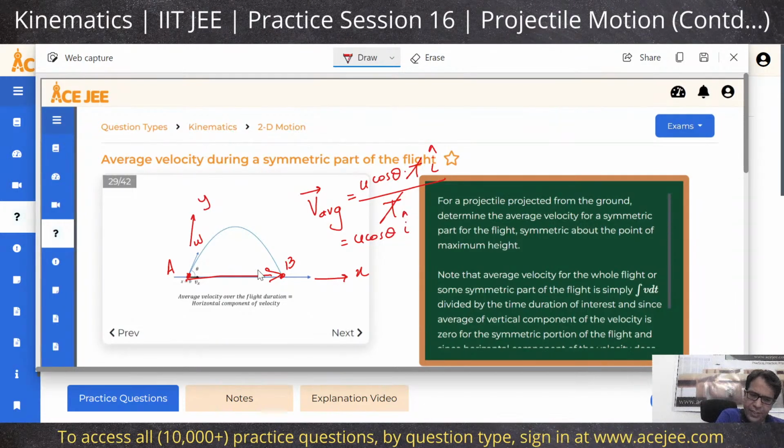Let's say instead of this, somebody says that from a height h, it crosses another height, what is the average velocity over this duration? What will that be, Peter? What will be the average velocity between C and D?